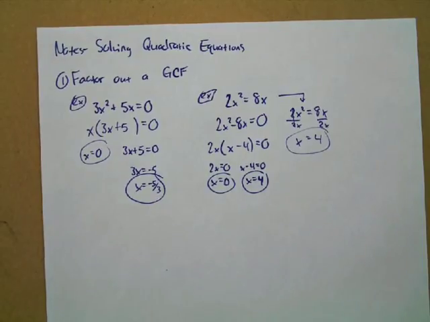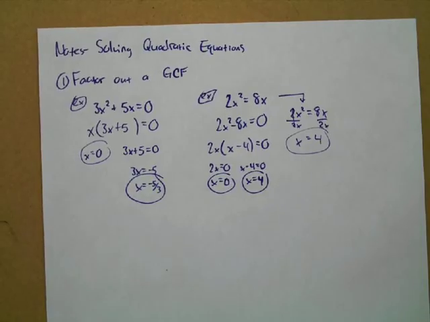Yeah, Jake? Stupid question. How did you go from 2x squared minus 8x to 2x times x minus 4? So again, first of all, I'm kind of helping you guys out a little bit, because I'm telling you we're going to do this problem, but I'm already categorizing it under a GCF kind of thing.